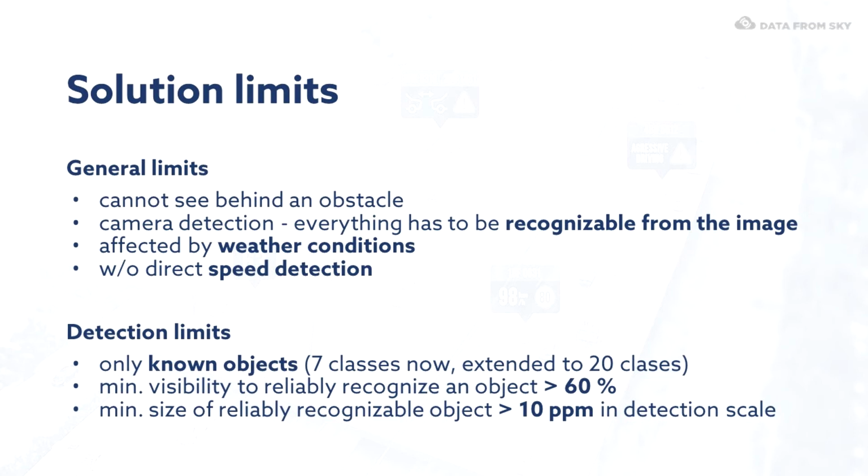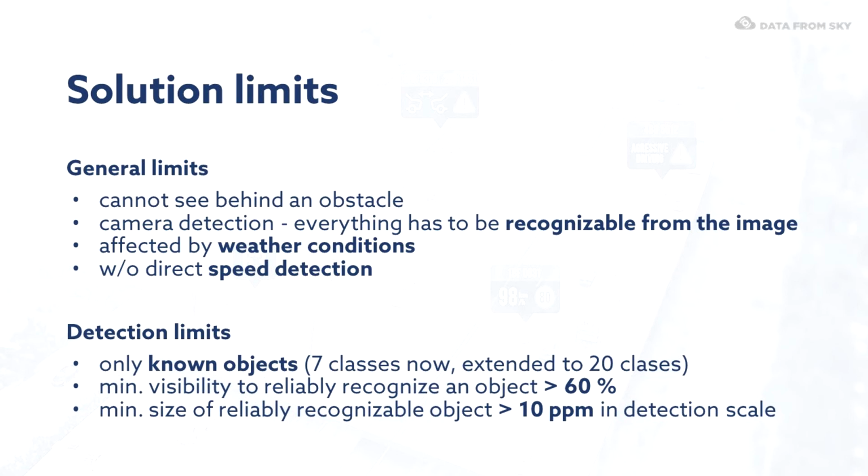If we are talking about quite dense fog or heavy snowfall, this will have an impact on the detection. And the speed detection is not a direct detection as with radar and the Doppler effect, but a calculated speed based on georeferencing points, or on section speed or average speed between two gates.